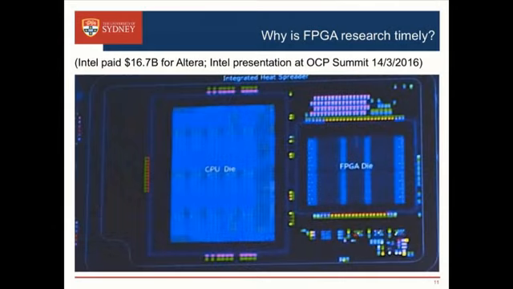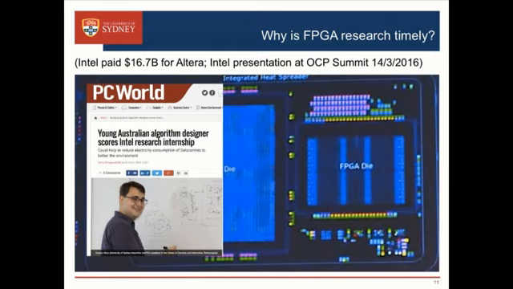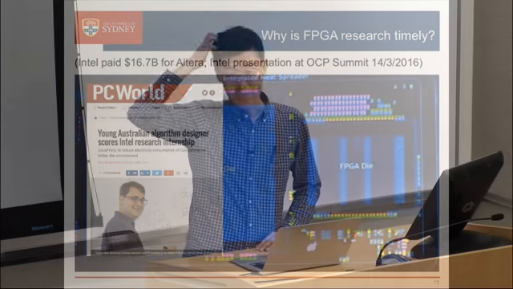I don't have to tell you why we think the research is timely: Intel obviously are making a big play on FPGAs. In fact, one of the students from my lab, Duncan Moss, was playing with the early HARP system, and now he's an intern at Intel working on their machine learning libraries for this chip.